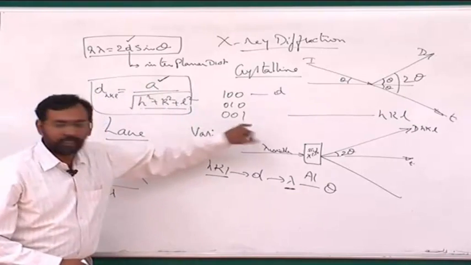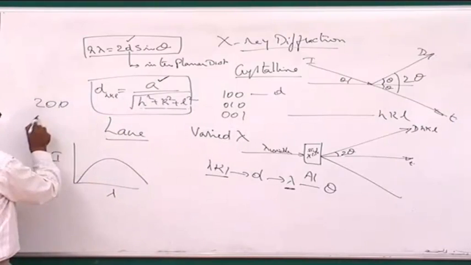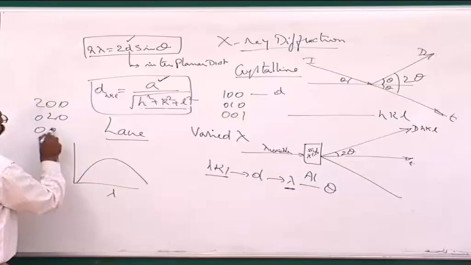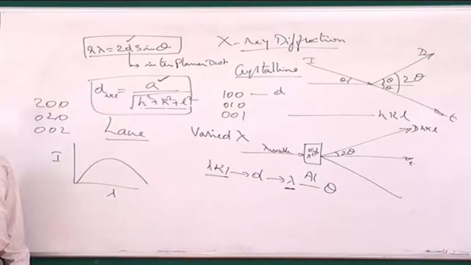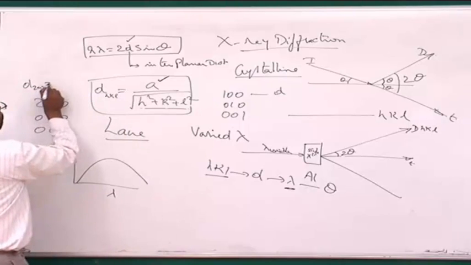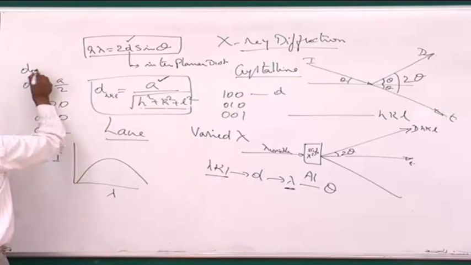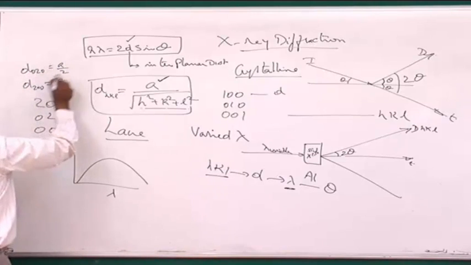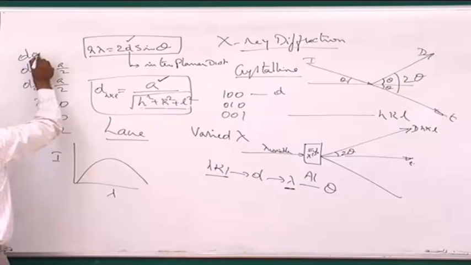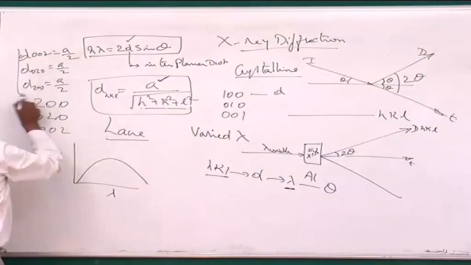Even if I choose 2, 0, 0 and 0, 2, 0 and 0, 0, 2, it is the same case. D of 2, 0, 0 will be equal to a by 2, D of 0, 2, 0 will also be a by 2, D of 0, 0, 2 will also be a by 2. All of them are the same.